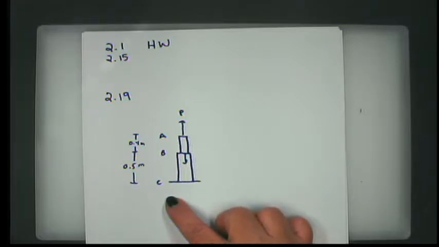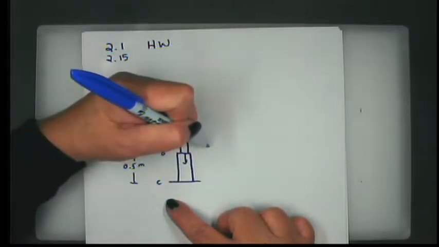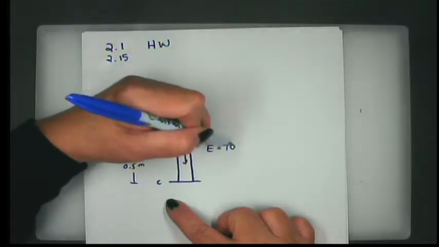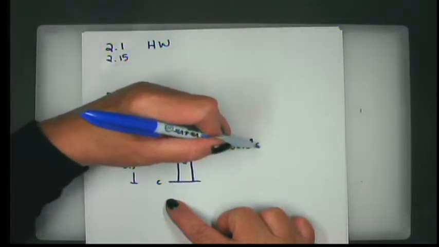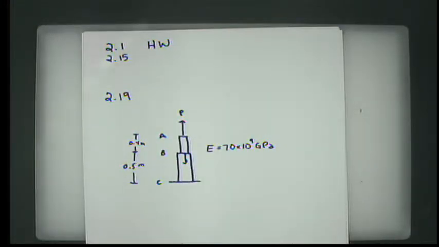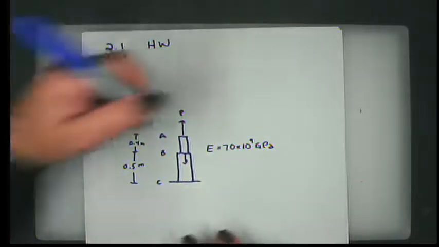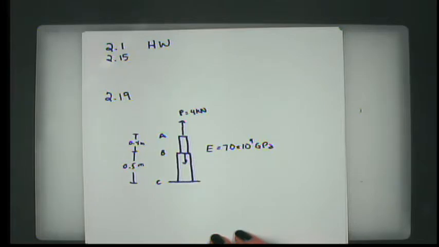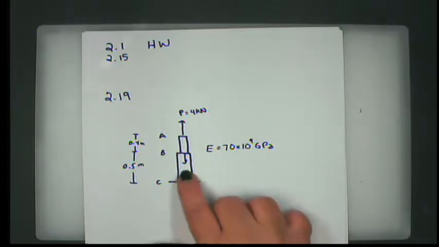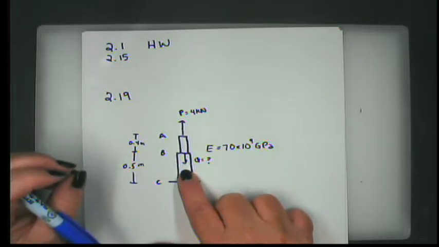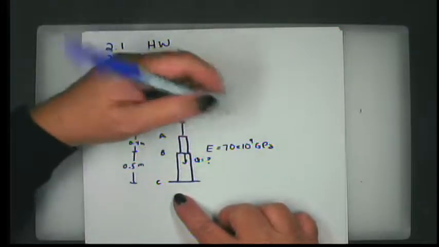Both portions of rod ABC are made of aluminum, for which E for both, E for everything, is 70 gigapascals. Or like I said, gigapascals if you prefer. Knowing that the magnitude of P is 4 kilonewtons, determine the value of Q, it's this force, such that the deflection at A is 0.